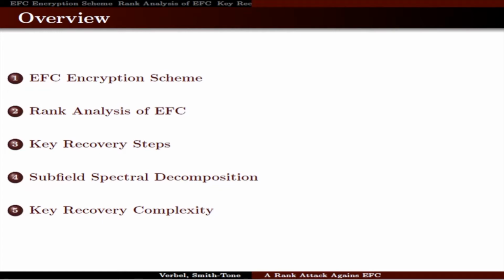Then I'm going to show you the details of one method that is going to be used sometimes during the attack, but it is a really nice technique by itself. I'm going to show you later what the deal is with that. And finally, we're going to discuss a little bit the complexity of this attack.